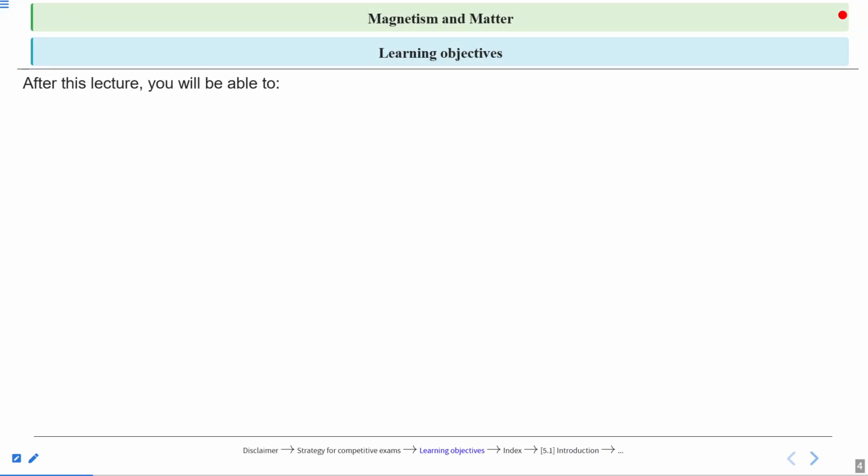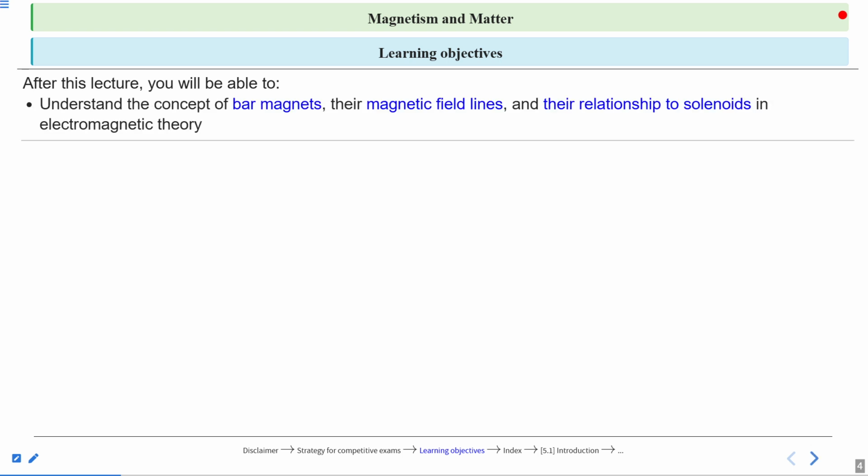Learning objectives: after this lecture you will be able to understand the concept of bar magnets. The bar magnet is in the science lab. You may have seen it in the science lab in 10th class or in 12th class. There are bar magnets of red and blue color in rectangular form.